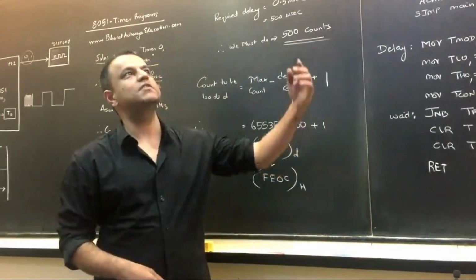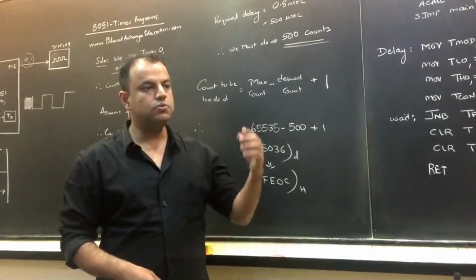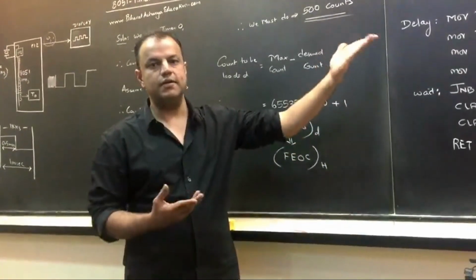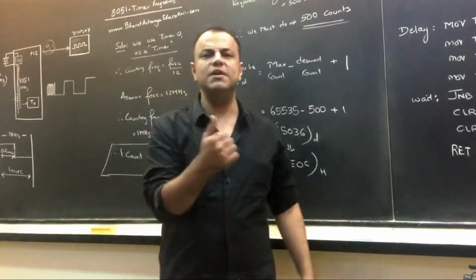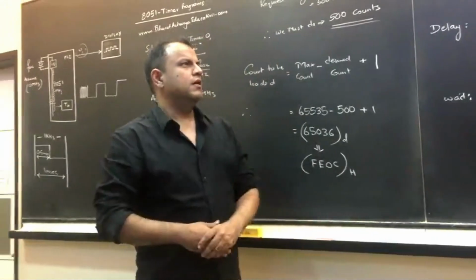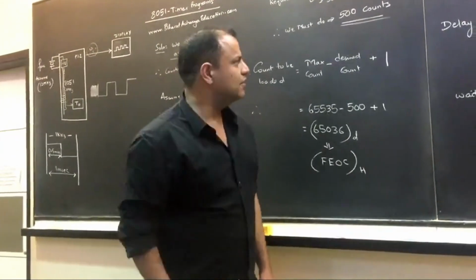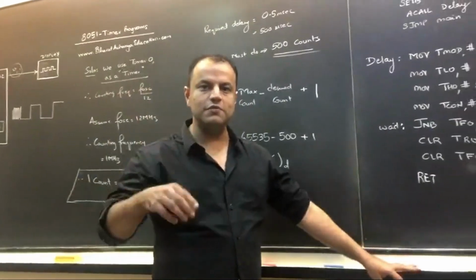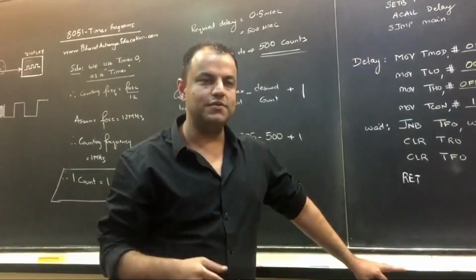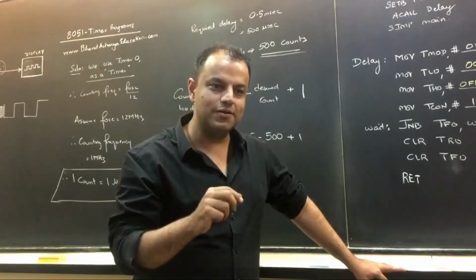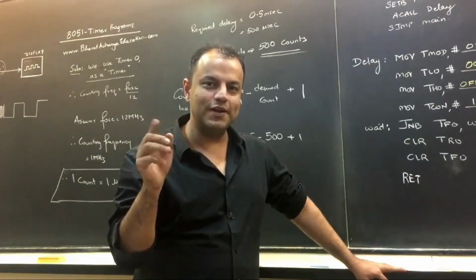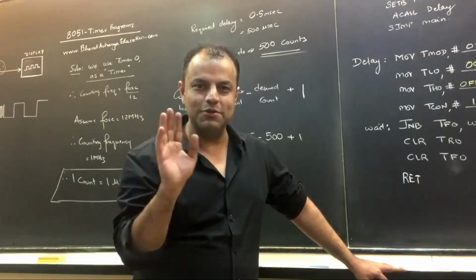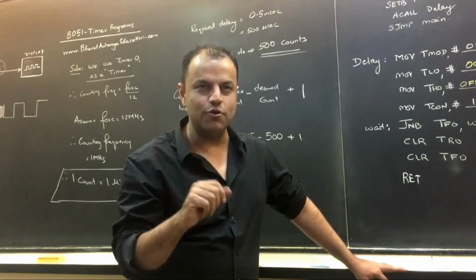Instead of 1, 2, 3, 4, 5, 6, 7, 8, 9, 10, I'm going 1, 2, 3, 4, 5. I got the same delay but in 5 counts. Tell me, did you understand my point? So, if you were counting at 6 megahertz, you would have required 250 counts. But I have not reduced the frequency from 12 megahertz to 6 megahertz. I have got it down from 12 megahertz to 11.0592. That means 11.0592 means basically 11 for the sake of oral calculation.